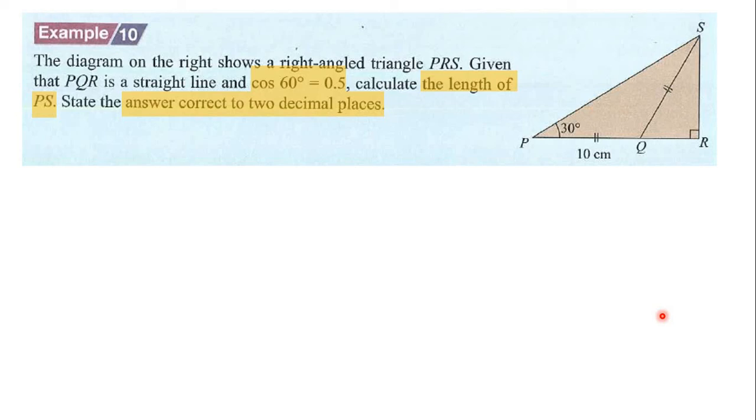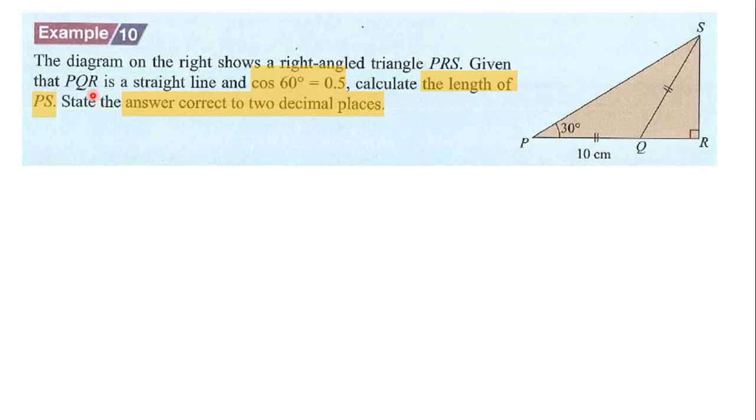Example 10. The diagram on the right shows a right angle triangle PRS. The whole or the big one is the right angle triangle PRS.